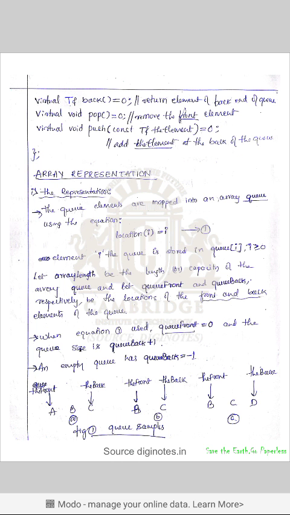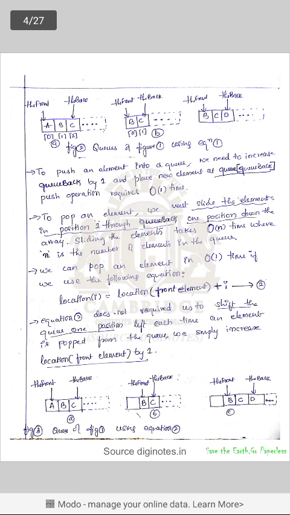Whenever we are using equation 1, queue front is equal to 0 and queue back is equal to -1 initially. In the diagram below you can see some examples of queues, and how the operations are performed using equation 1. We have three elements A, B, C stored in locations 0, 1 and 2.